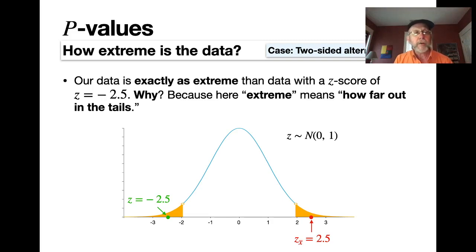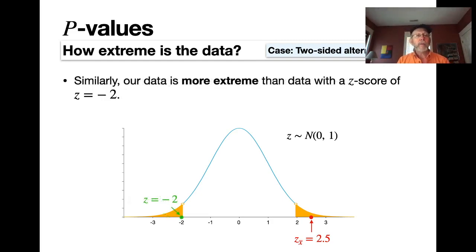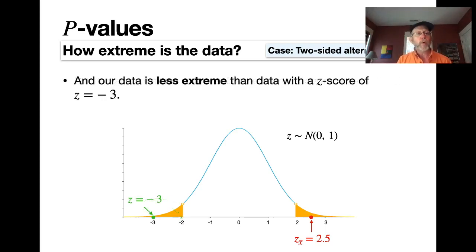And in the same way, we would consider a z-score of negative 2 to be less extreme than ours because it's less far out in the tail, while a z-score of negative 3 would be more extreme than a z-score of 2.5 because it's further out in that tail.